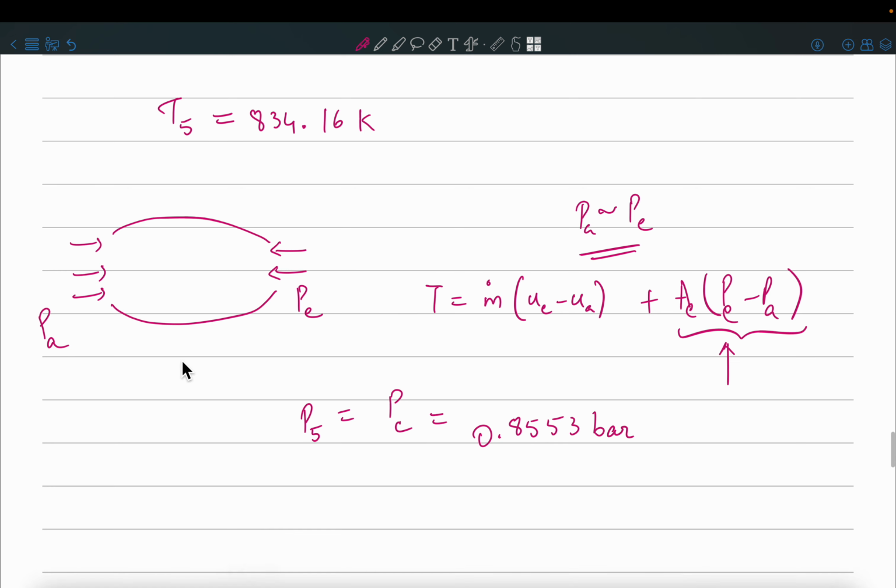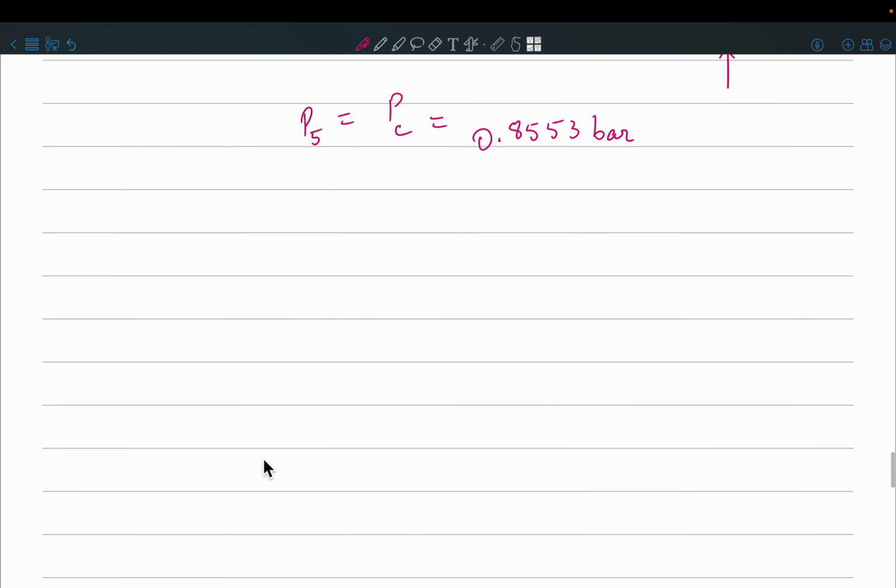Okay, so now we can calculate the specific thrust. Let's see. The specific thrust force, I'll write it as Fs, is nothing but the exit area, and because it is specific we divide by m dot, multiplied by PC, because that is the exit pressure, minus the ambient pressure PA, plus the velocity term, U exit, which at the critical condition I'll write as UC minus UA.